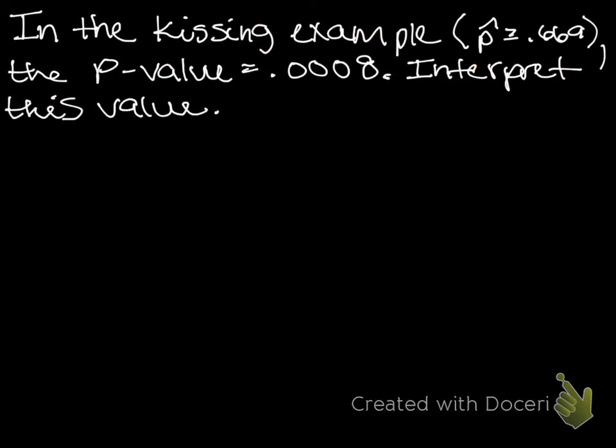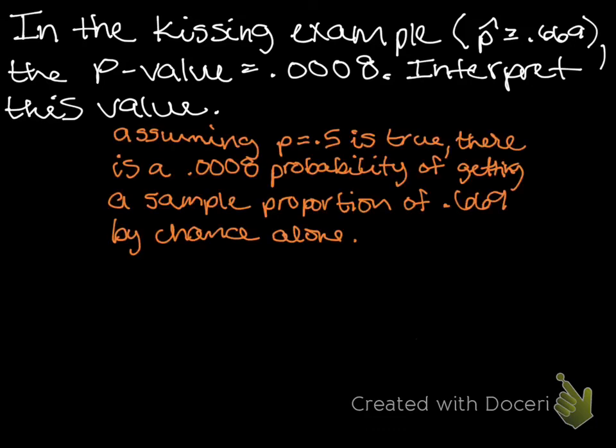In the kissing example, where your p hat was equal to 0.669, the p-value was 0.0008. Interpret this value. So, assuming p equals 0.5 is true, there is a 0.0008 probability of getting a sample proportion of 0.669 by chance alone. All we did was fill in the blanks.